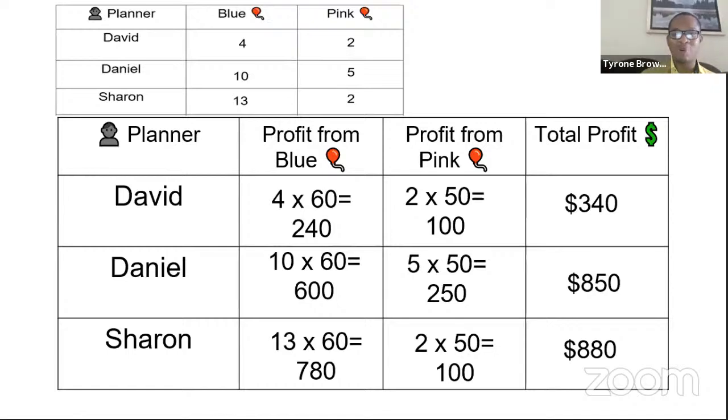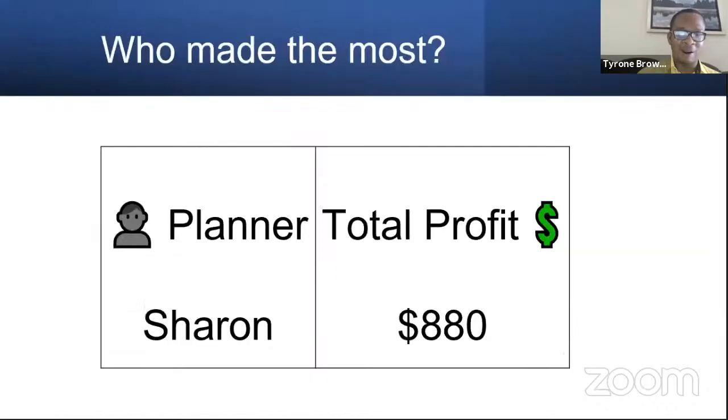And that's one of the things we wanted to get out, because that will help you a lot when you're working with your CSEC questions to do your analysis, being able to identify where your profit is coming from and the cost and how that factors into the profit. Okay, so we would have established that Sharon made the most money and she made $880 for her party.